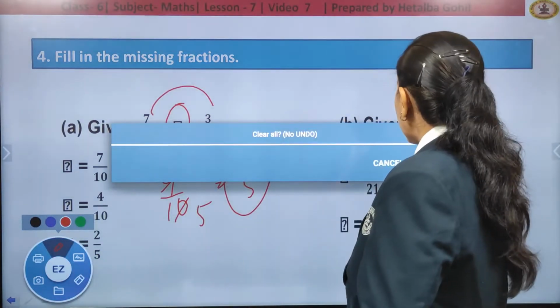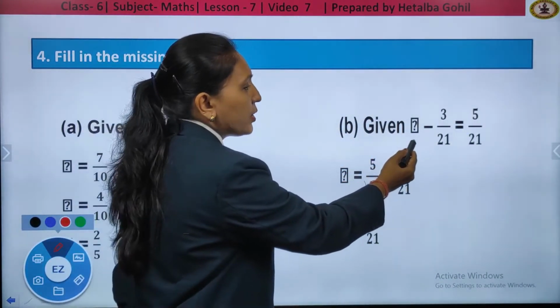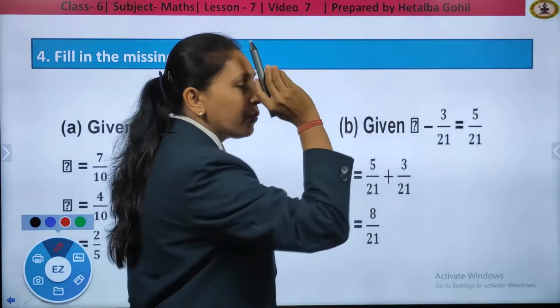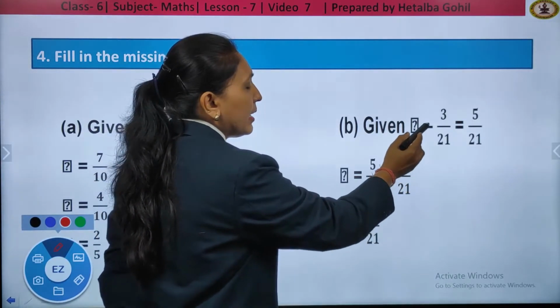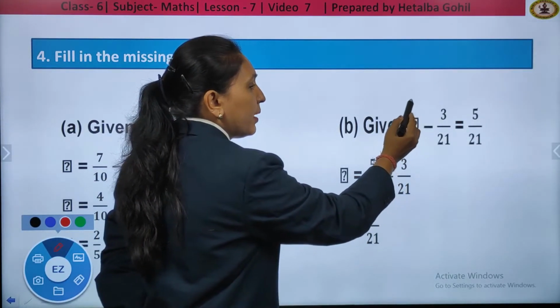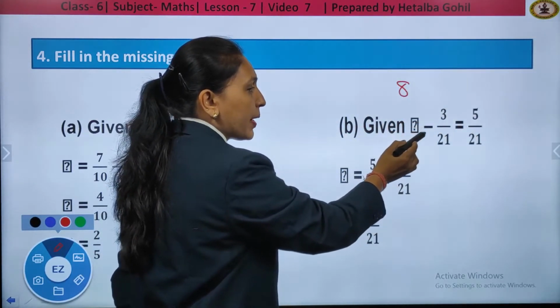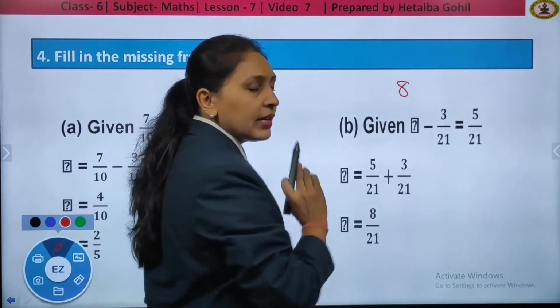Similarly, one more to answer here, you can see here that what fraction you will subtract with 3 by 21 so that you get your result as 5 by 21. So here, children, do one thing here. What number of fraction I will add to get here 5. So obviously if it is subtraction, then the fraction that is going to come here, it will be bigger than the result, right.